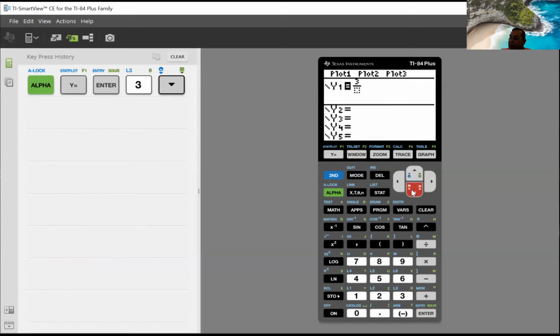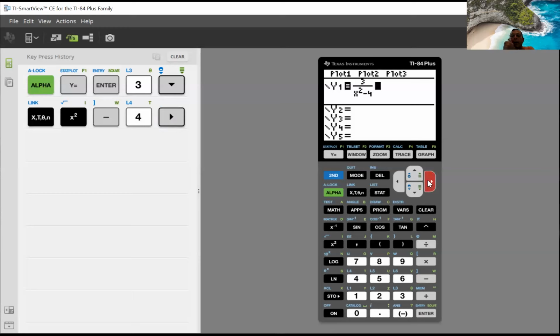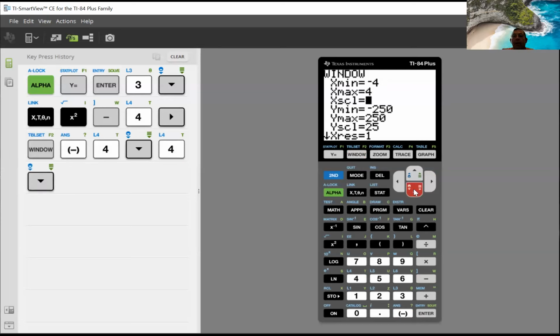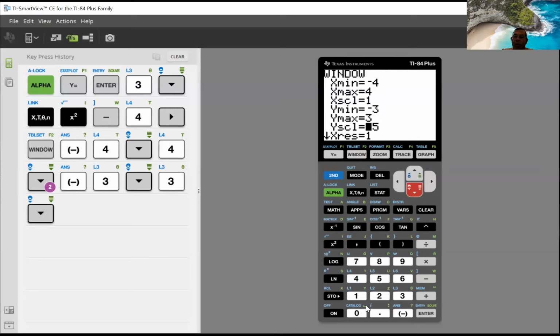And then I'm going to arrow down, and we had an x squared minus 4. All right, now I'm going to hit my window, remember, because these were from negative 4 to 4. And then my y's are going from negative 3 to a positive 3. And I'm going to change that scale from 25 back to 1.